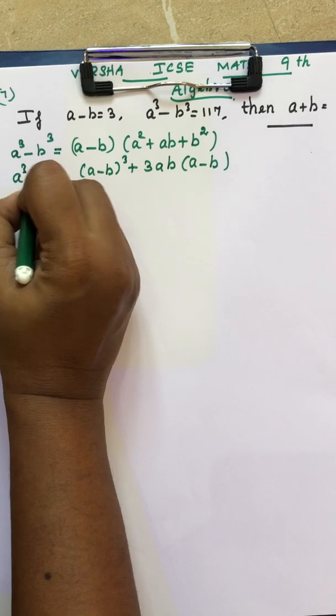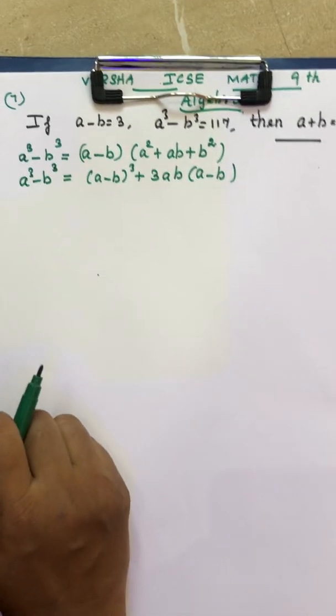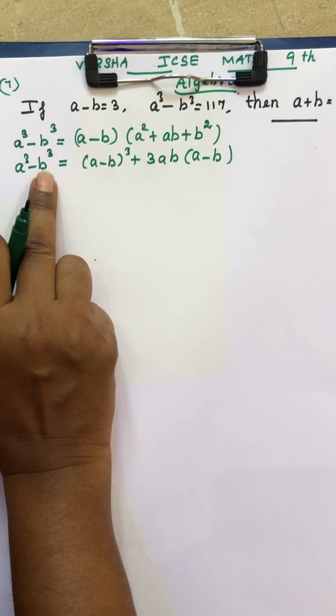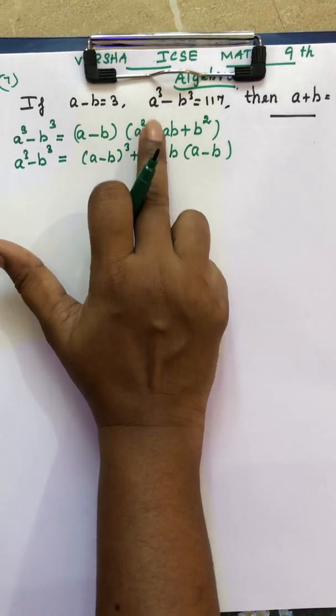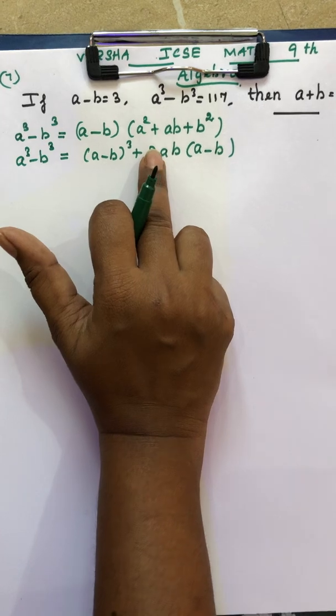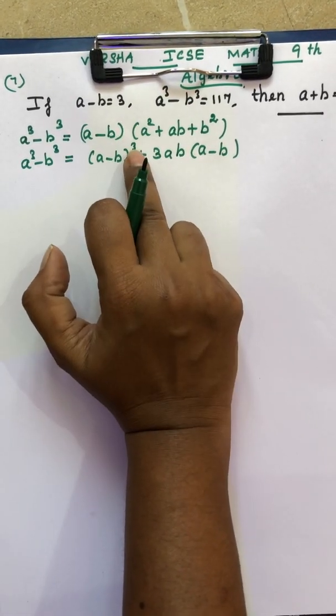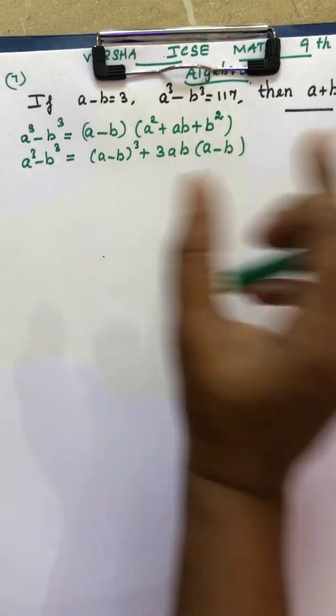You can write a cube minus b cube in two ways. Both are equal, but which one is suitable for this sum? That is the first thing we have to find.